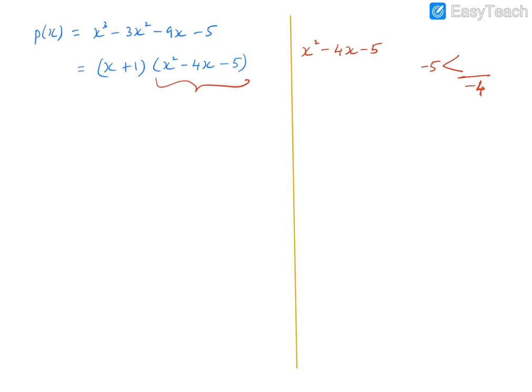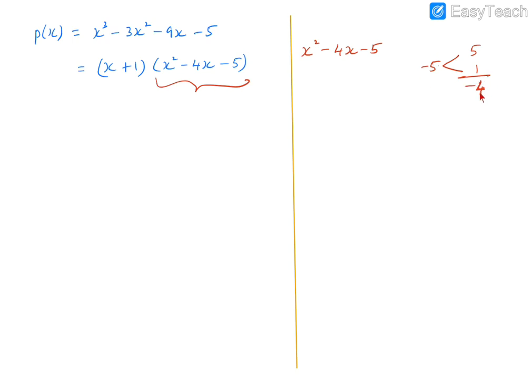So to get 5, the only possible integers are 5 and 1. So 5 into 1 is 5, but we want a negative sign in front of that, so we have to make one of these a negative number. If we make the negative sign in front of the smaller number, which is 1, then 5 into minus 1 will be minus 5, but we'll end up with a sum of plus 4.